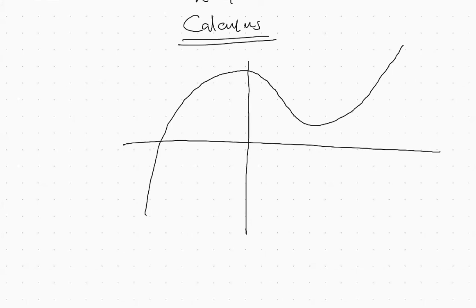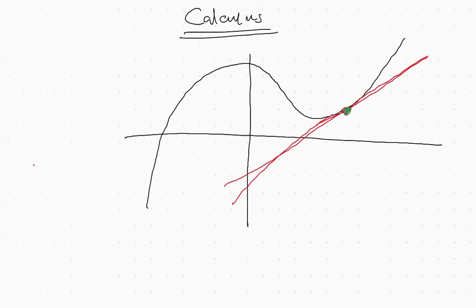The tangent comes across it at a point, and that point is going to be point A, which is (2, 1). The curve equation is y equals x cubed minus 2x squared minus x plus 3. You are asked to find the gradient at point A, and they give you the curve like that.